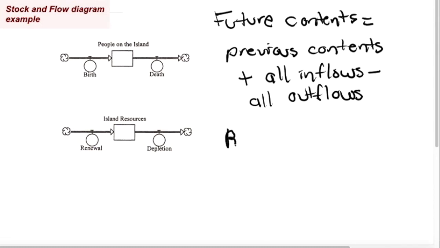So we are saying that R, that is the resource, or the reservoir or the stock, let's call it a stock.